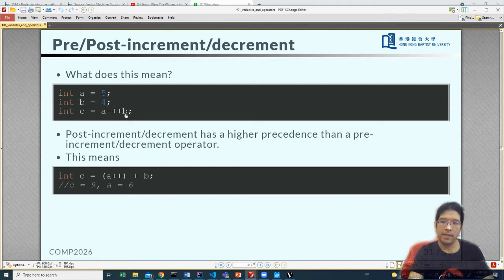So what will happen is A plus plus will operate later. We will take the old value of A first, which is 5, plus B, which is 4. And bringing them together, we get C equals 9. And the value of A will be changed to 6 later.